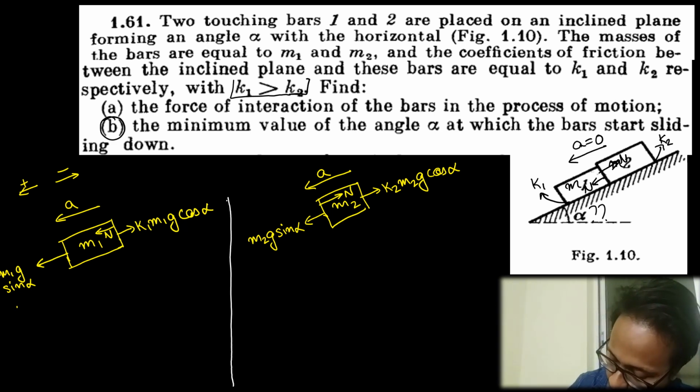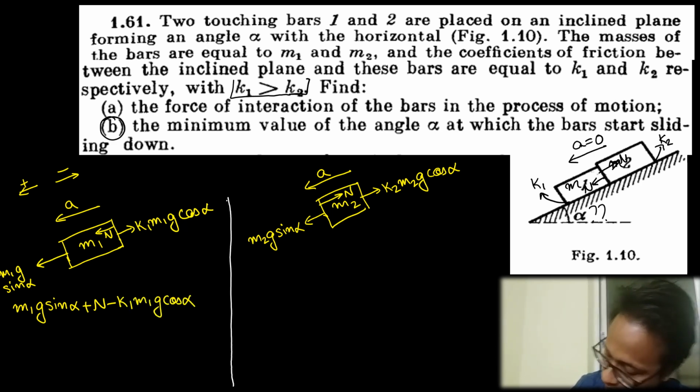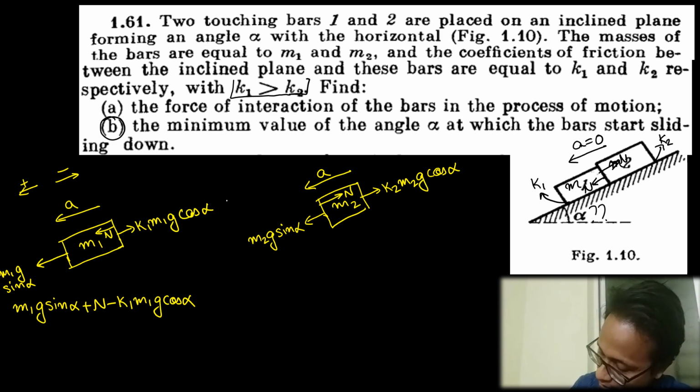So if I do m1g sin alpha plus n minus k1 m1g cos alpha is equal to m1a. This is equation number 1. This equation we obtain from this body.